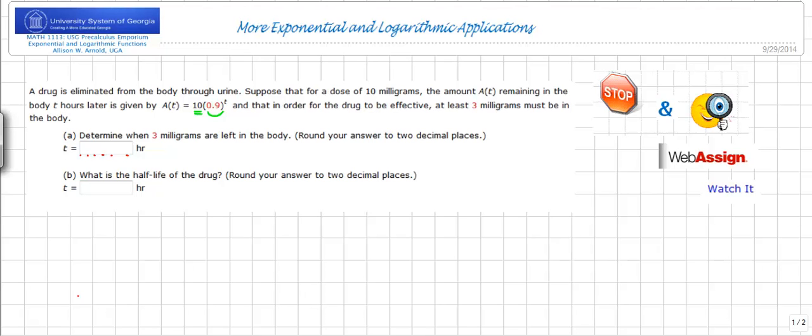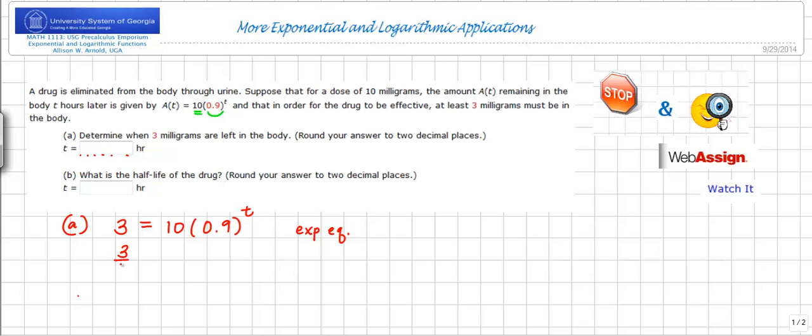Now, if you wish to figure out in part A when 3 milligrams will be left in the body, then 3 is in the place of A of T, and you're solving the equation 3 equals 10 times 0.9 to the T power. This is an exponential equation, and your best shot at solving it is to isolate the base 0.9 to the T power.